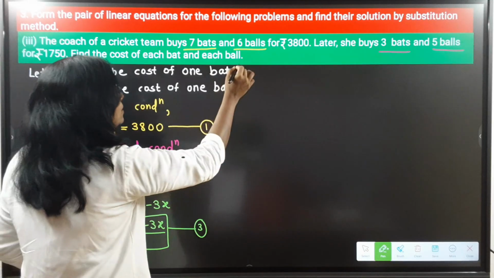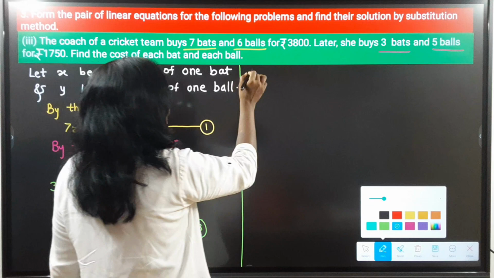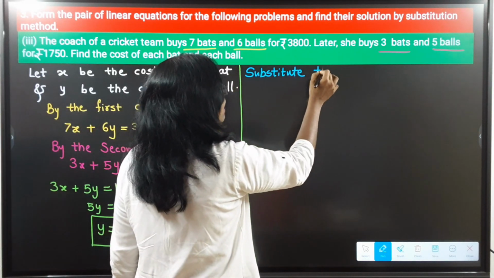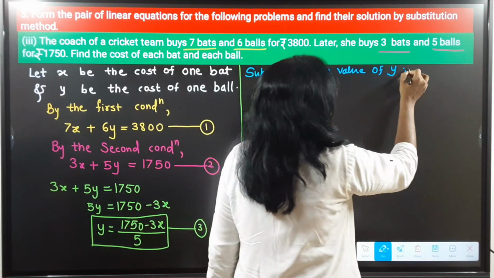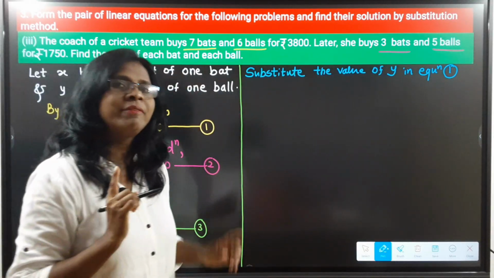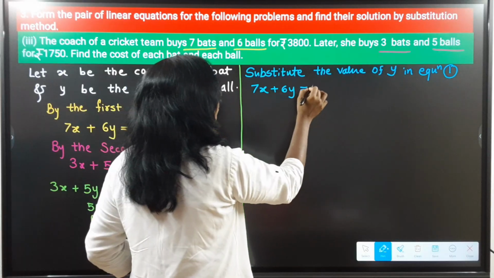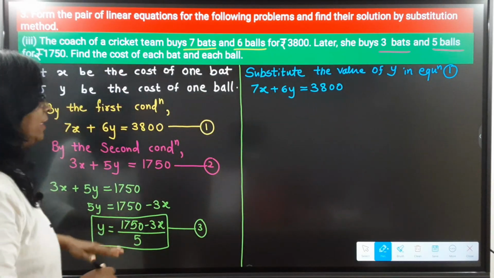Now our second part is to substitute the value of y in equation 1. First I write down equation 1, students: 7x plus 6y is equal to 3,800, and then put the value of y in this equation.